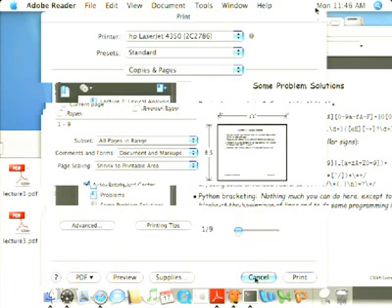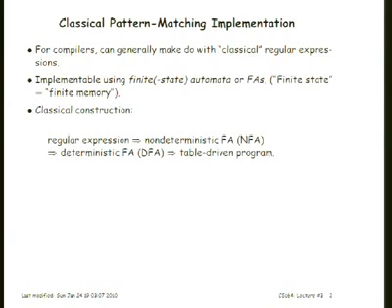As a result, the matchers that you get out of Java and Perl and so forth, unless the implementation goes to quite some effort, can be kind of slow. But there's a fast implementation that's linear time. And it's sort of traditional that we take you through it, so I'm going to take you through it.